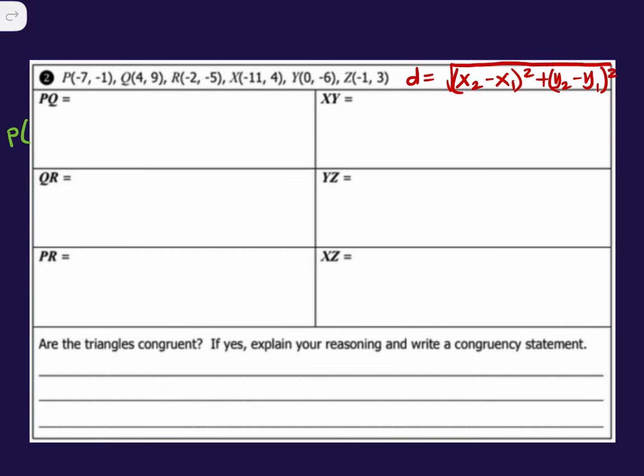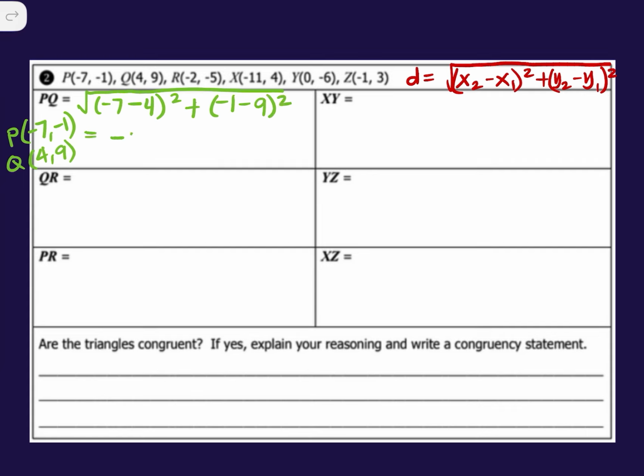So P with coordinates -7 and -1, and Q with 4 and 9. So that would be -7 minus 4, my x values, plus -1 minus 9.